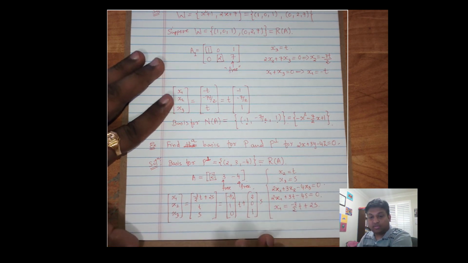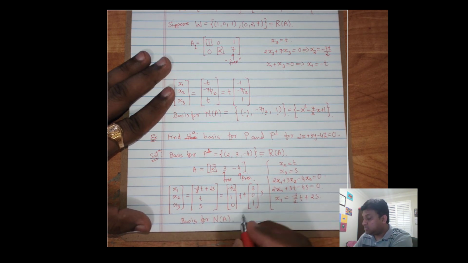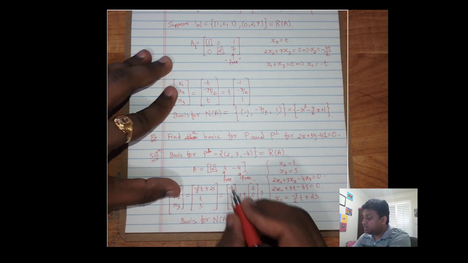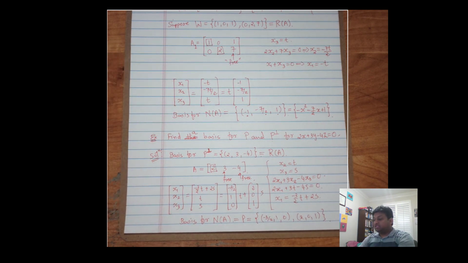So the basis for the null space, or basis for P, the plane, is all linear combinations of these two vectors, negative 3 over 2, 1, 0 and 2, 0, 1. Again, it's perfectly fine if you write your vector in this format or as a column vector. Both are equivalent, as we mentioned earlier.